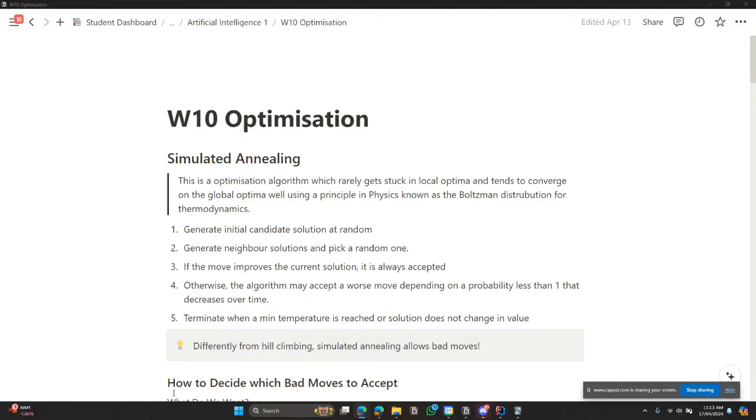Whether that's hill climbing or simulated annealing or any of the variants of hill climbing, there are still 4 things that we need to specify to an optimization algorithm, the one that solves the problem, in order to get it to work. Does anyone remember what these 4 key aspects are?